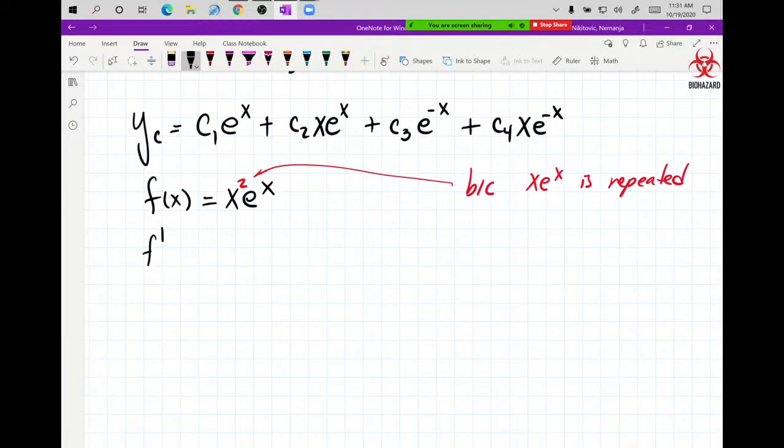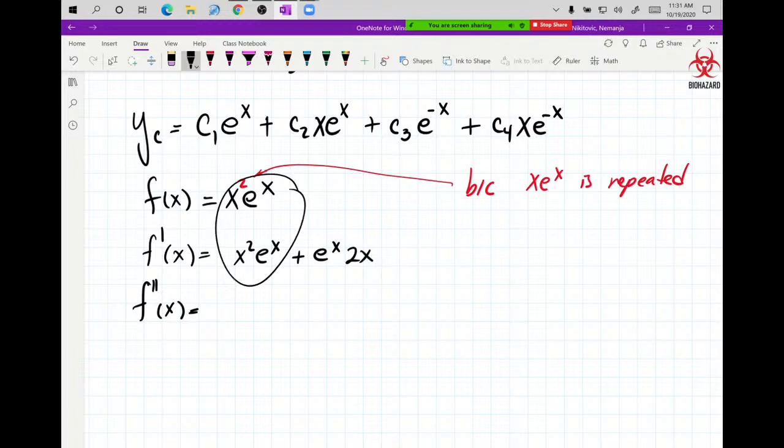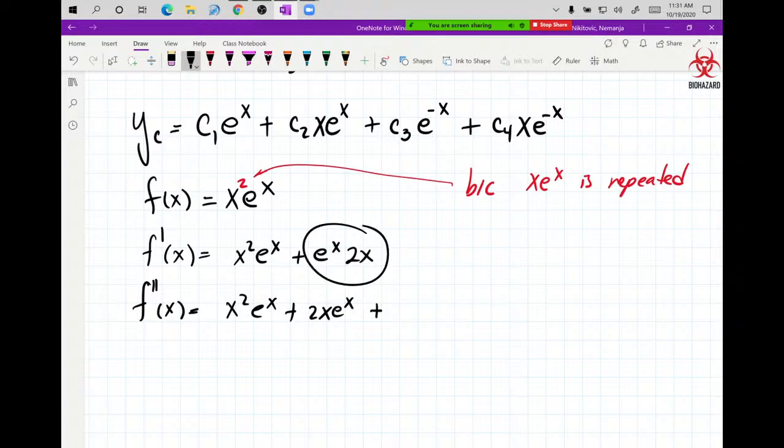So f prime of x is going to be copy the first, derivative of the second, plus copy the second, derivative of the first. And then the second derivative is, again, the same thing. So it's going to be x squared is x plus 2x e to the x plus the derivative of this. Copy the first, derivative of the second, plus copy the second, derivative of the first.